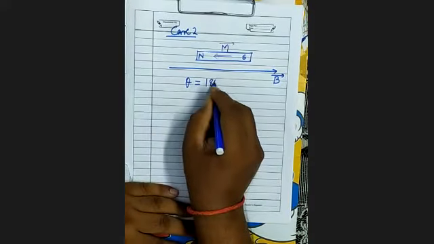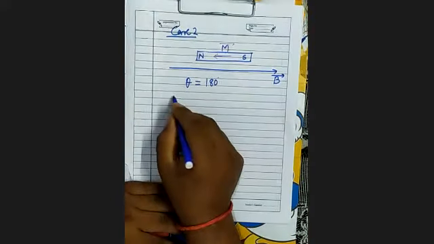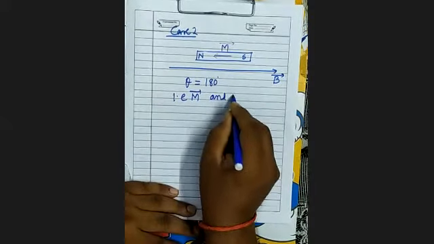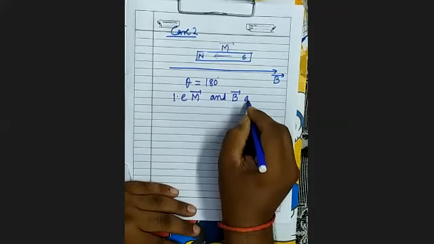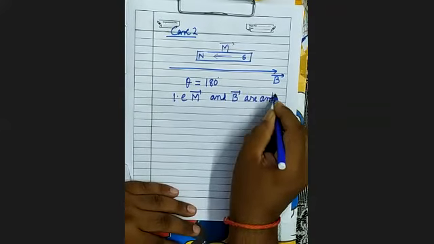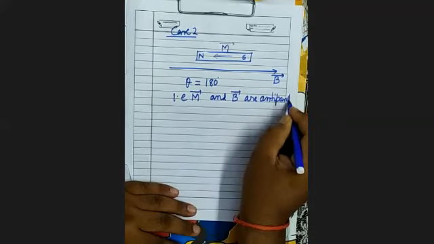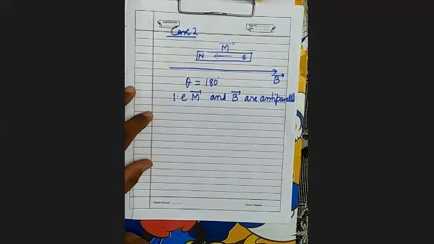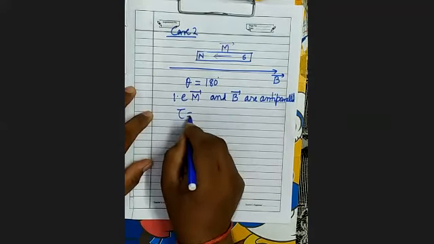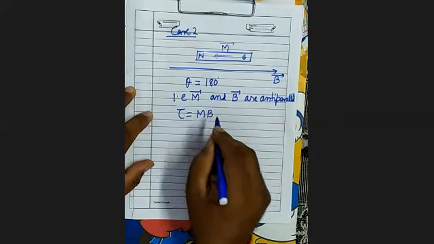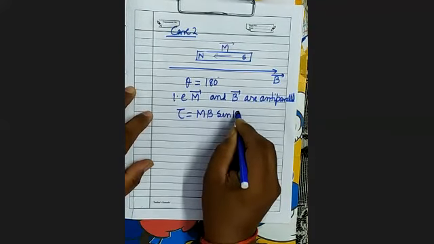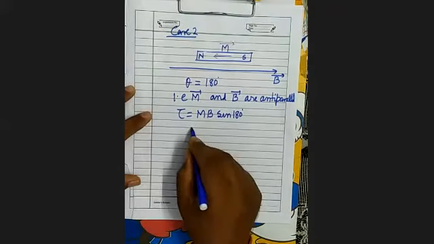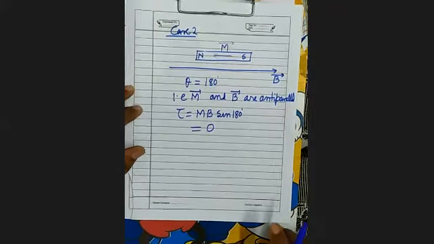Theta will be 180 degree. That is, vector M and vector B are anti-parallel. So what will be the torque? It will be MB sin 180 degree. Sin 180 degree equals how much? 0. So torque will be 0.